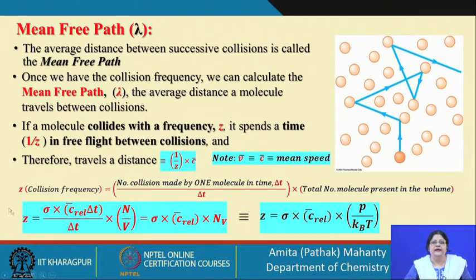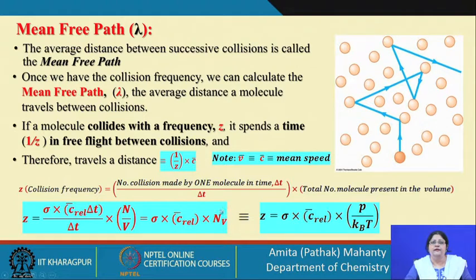So, what we had derived in the last class was the expression for collision frequency, which is given by this. Sigma is the collision cross section area, into the mean speed of relative approach of one molecule towards the other, and this is the number density.